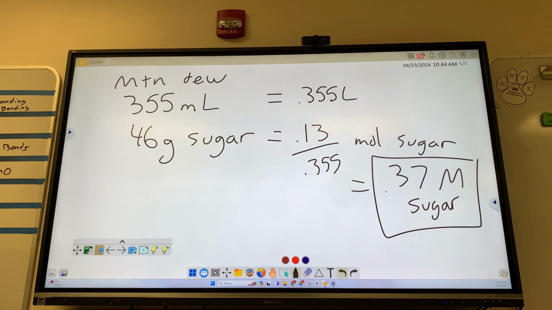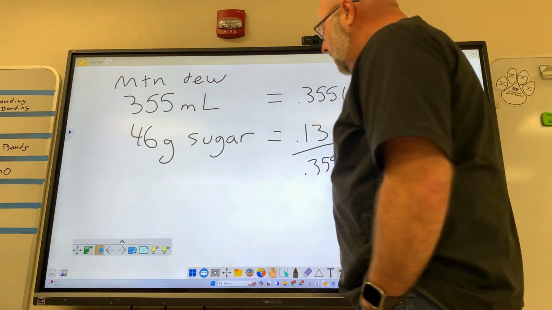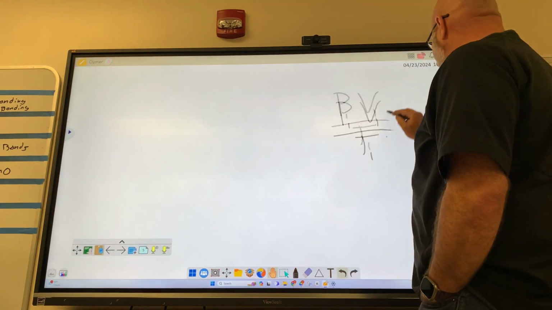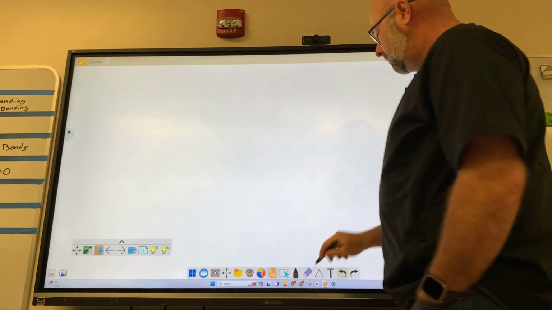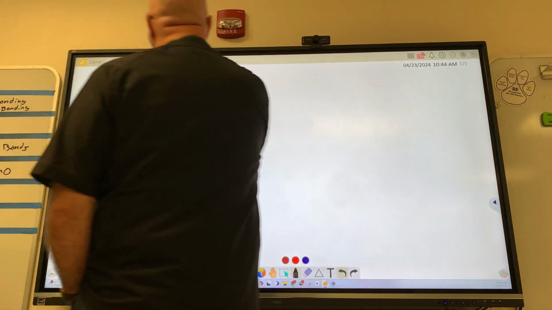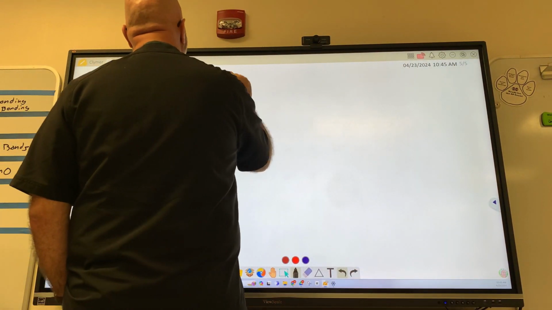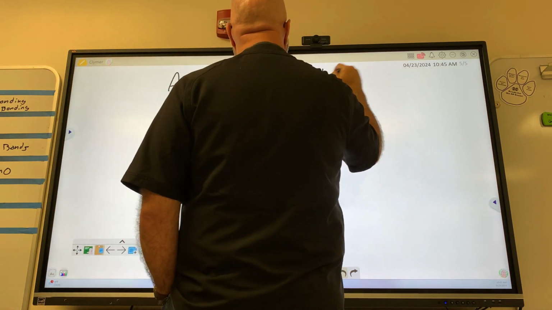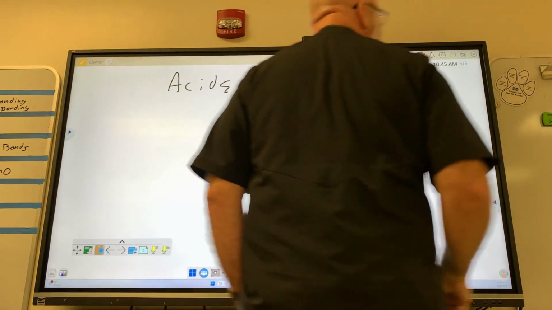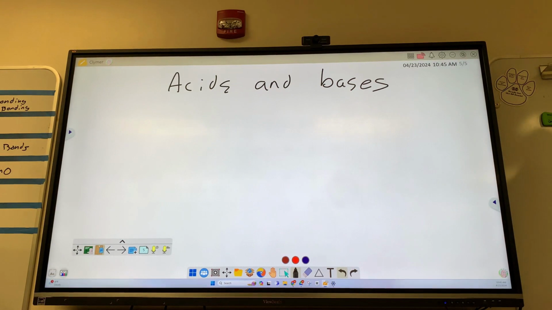Saturated solution. All right, so let's go back to acids and bases. So there is a reason that I've been talking about molarity today after our introduction to acids and bases yesterday.